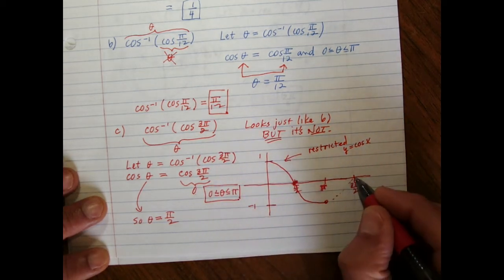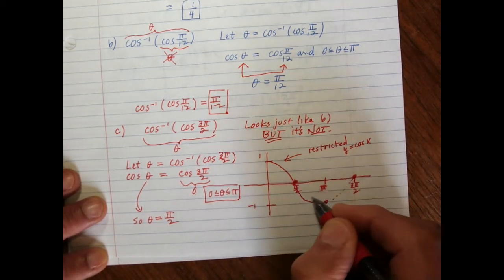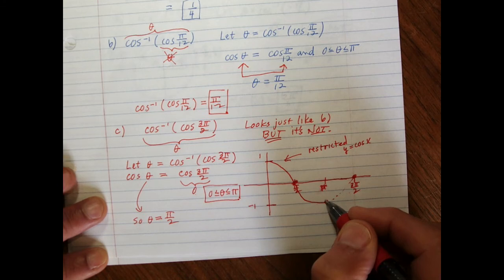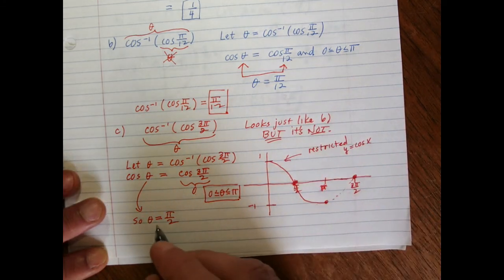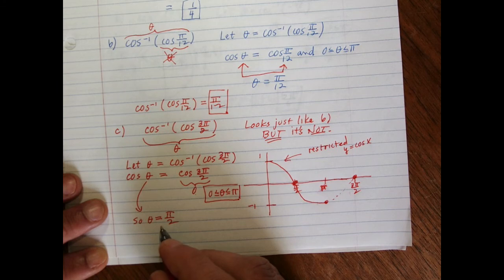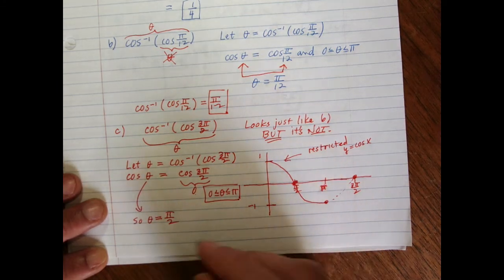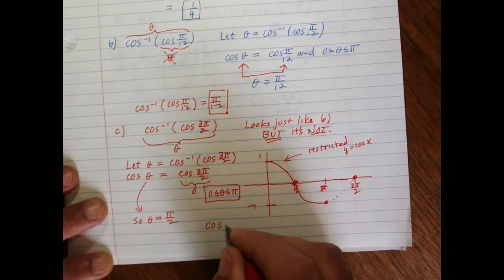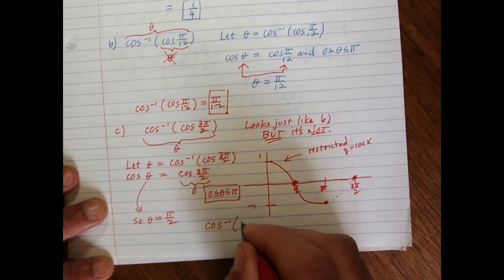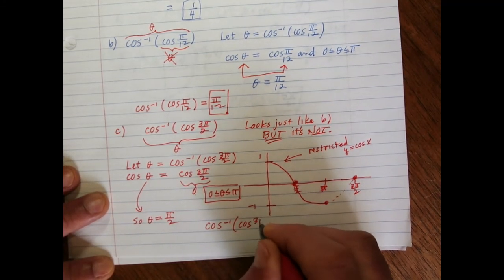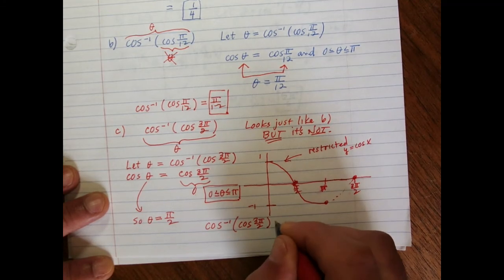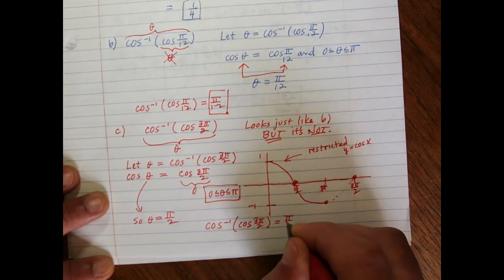It's true, cosine of 3 pi over 2 is also 0, but it's not in the restriction area for the cosine function. So theta equals pi over 2 is what we want, and we can say cosine inverse of cosine of 3 pi over 2 is equal to pi over 2.